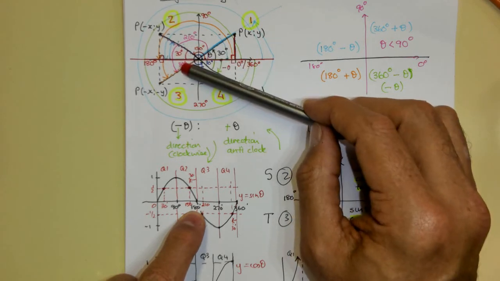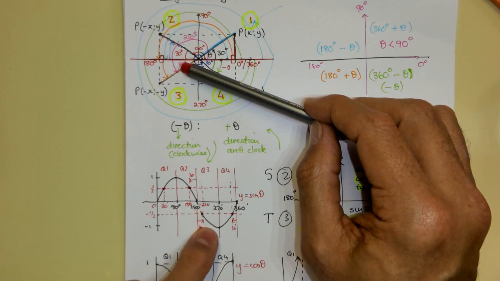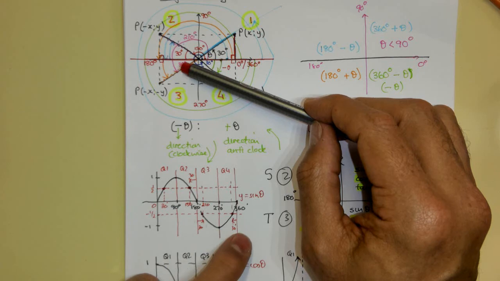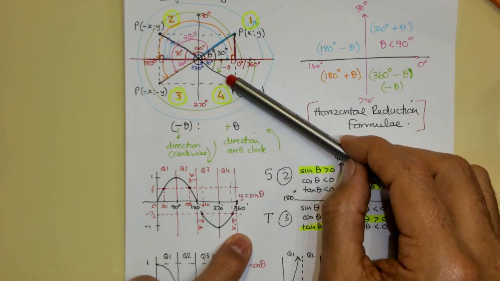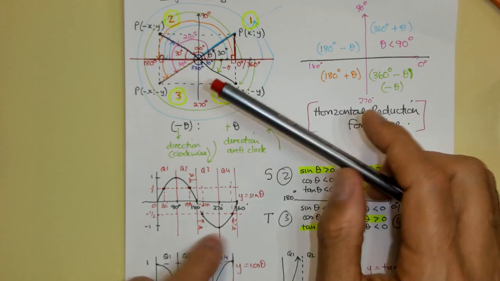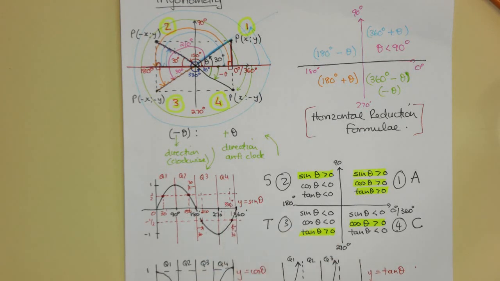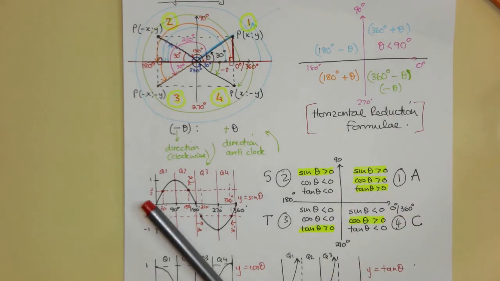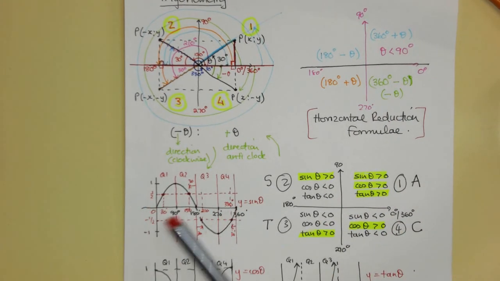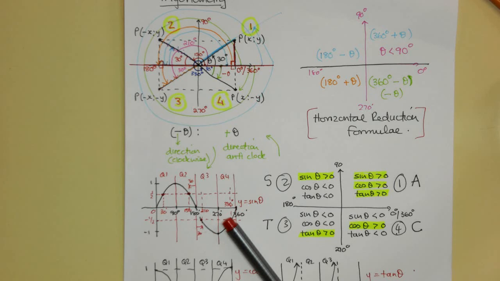We bounce 30 on, we're at 210. Okay, and then we go all the way around and we bounce 30 back, we are here at 330 degrees.